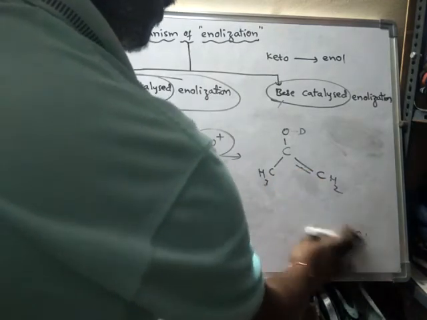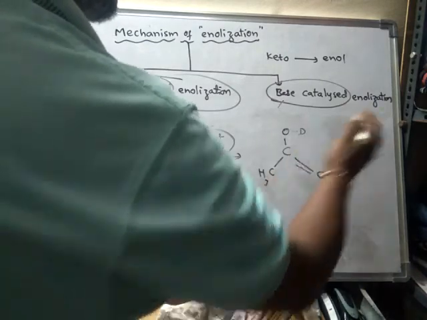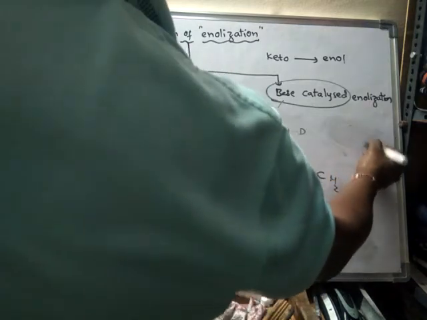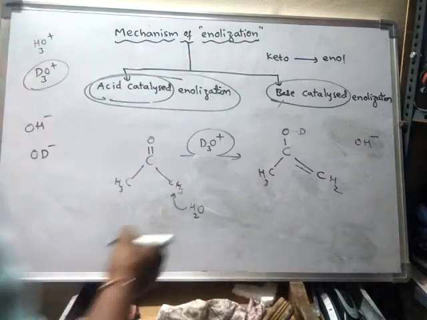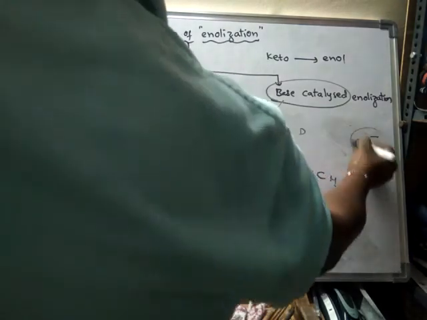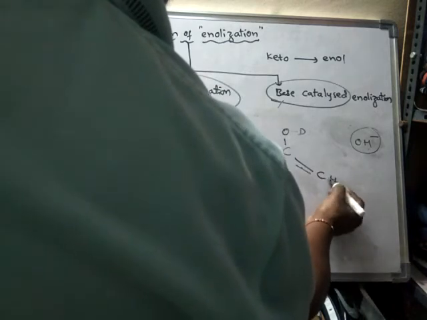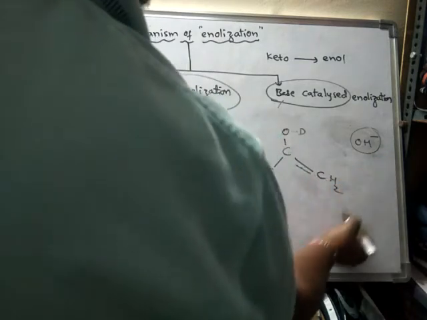Slowly this molecule is again attacked by OH minus. This OH minus will always attack the alpha hydrogen. So what happens?